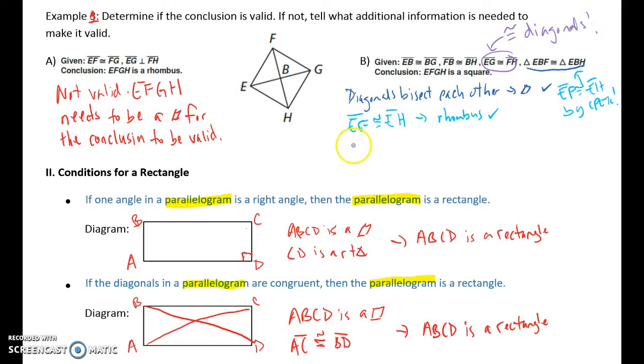Remember, congruent diagonals tells me I have what shape? Well, it tells me I have a rectangle. So 1, 2, 3, check, check, check. Yes, I can say EFGH is a square. So yes, it is valid. So the conclusion is valid.